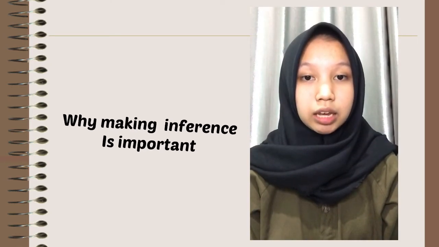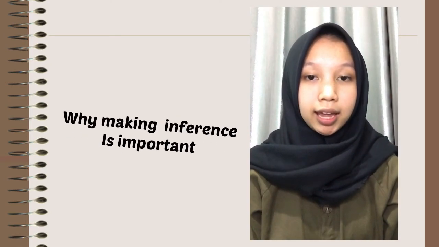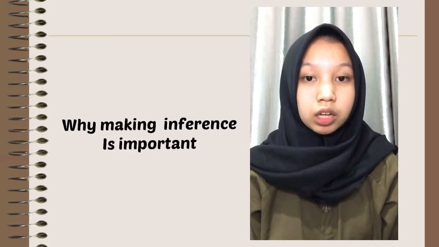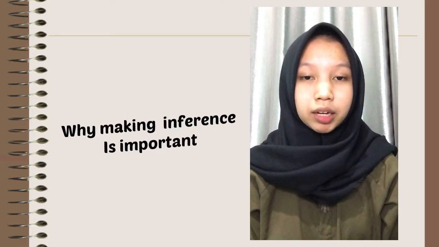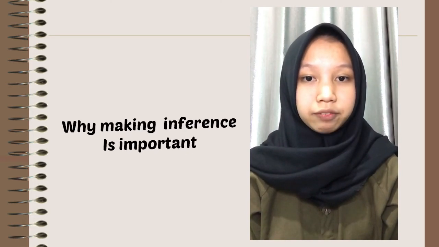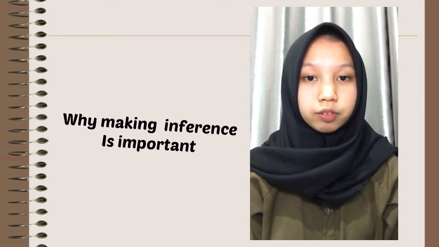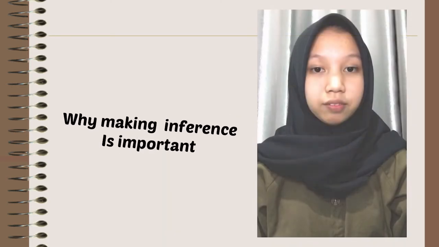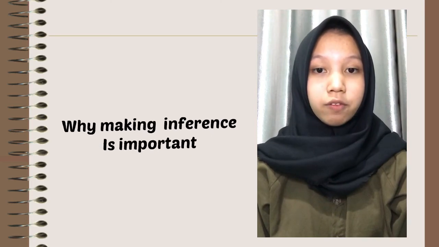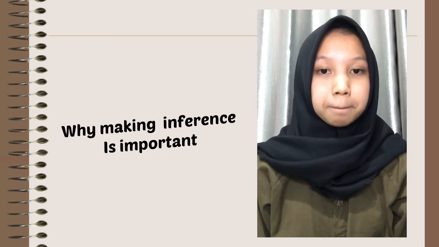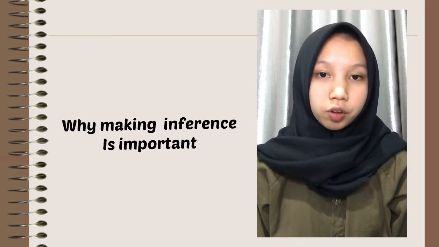Proficient readers use their prior knowledge and textual information to draw conclusions, make critical judgments, and form unique interpretations from text. Inferences may occur in the form of conclusions, predictions, or new ideas.